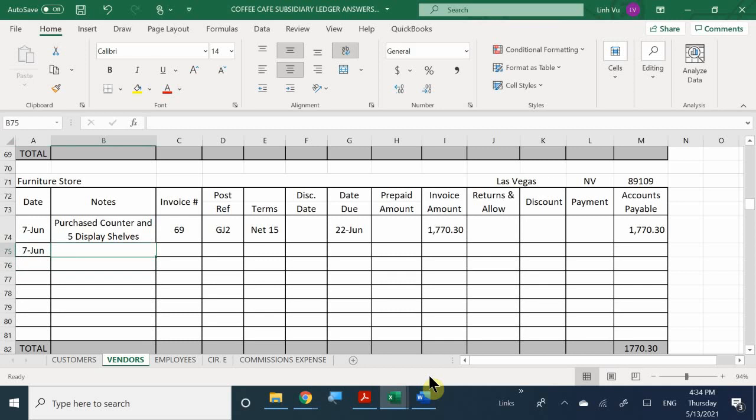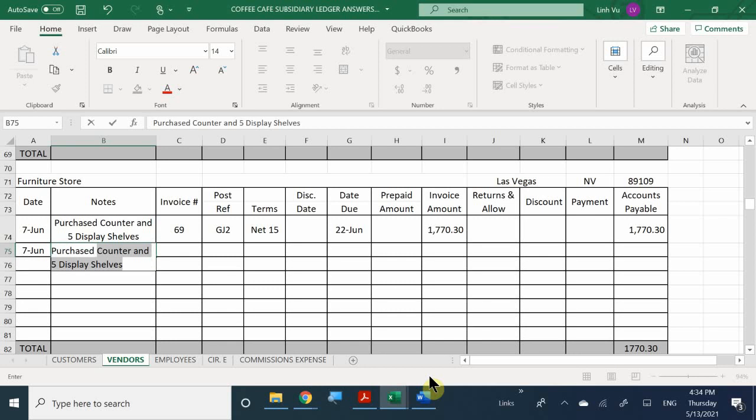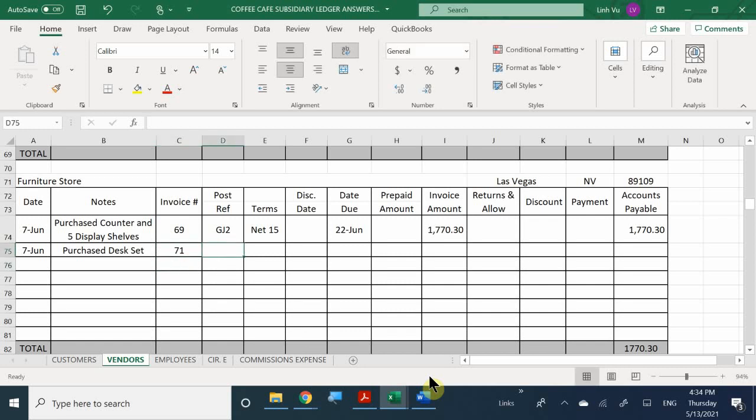And this time, I purchased a desk set, right? I didn't make a payment to it. My invoice is invoice number 71. Transaction happened as of General Journal 2.